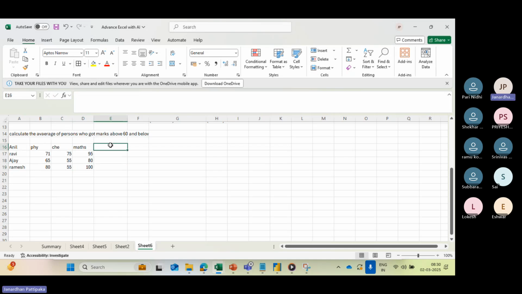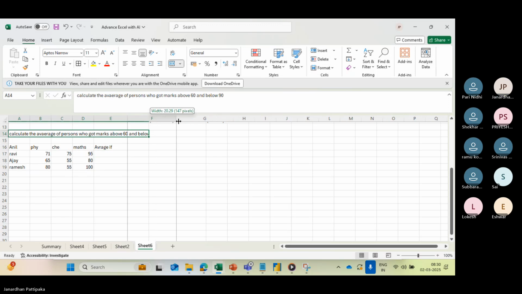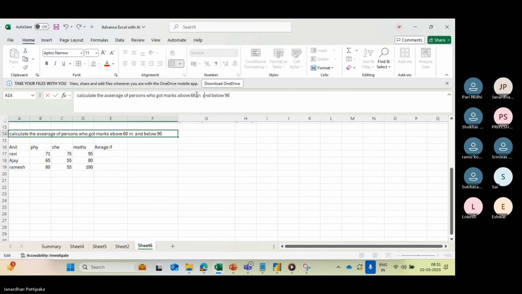So I want to calculate the average if. In order to do that, I want to get the value of the persons who are getting above 60 and below 90 marks. In physics, I want to take the marks of those who got above 60, and in maths below 90.